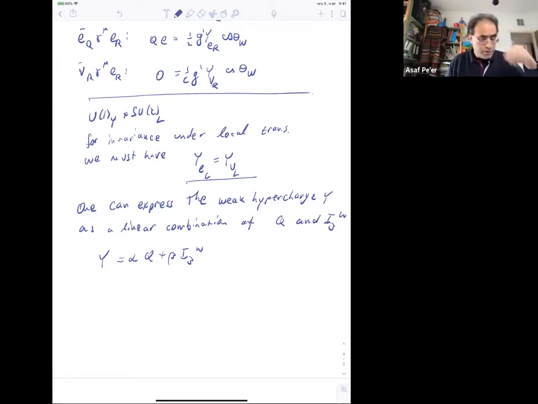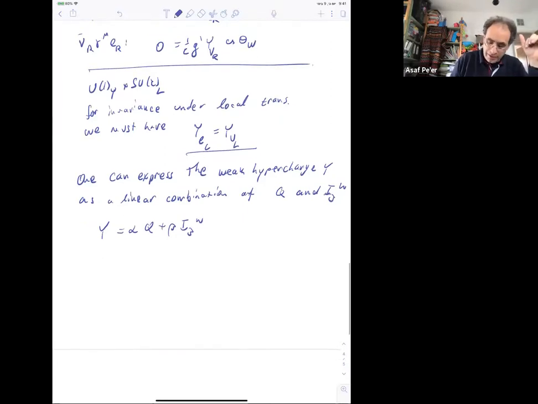Now the charges and the I3, the third component of the weak isospin, of the left-handed electron and the left-handed neutrinos. For the E L, we have Q is -1 and I3 weak is -1/2, since it's in the bottom part of the doublet.